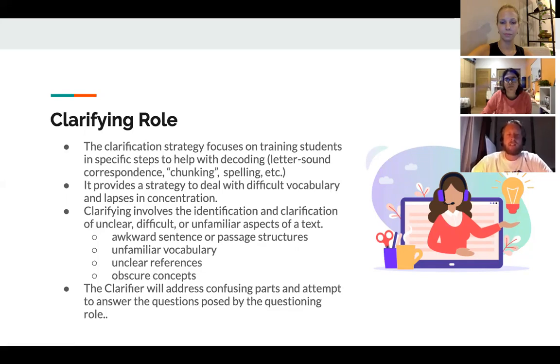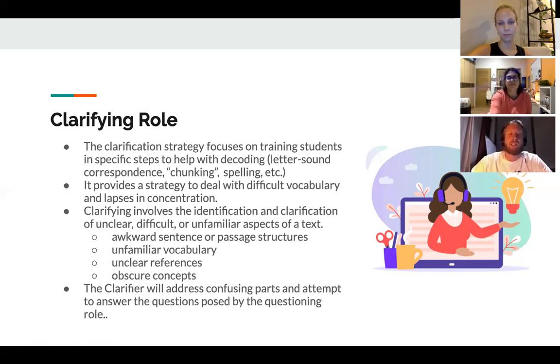It's going to provide a strategy to deal with difficult vocabulary and lapses in concentration. As we all know, we've all read a paragraph while we're going through our studies, and when you get to the end of it, you have no clue what you just read. You were on autopilot. So paying attention while you read, getting those words, the vocabulary, everything that doesn't quite make sense helps you stay concentrated.